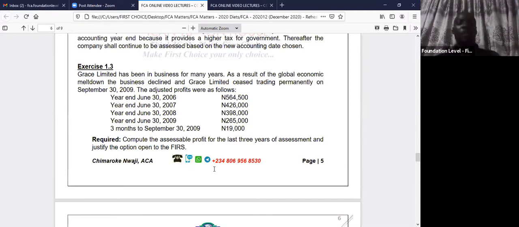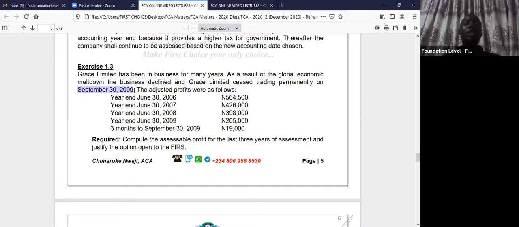Look at exercise 1.3. Grace Limited has been in business for many years. As a result of the global economic meltdown, the business declined and Grace Limited ceased trading permanently on September 30th, 2009.